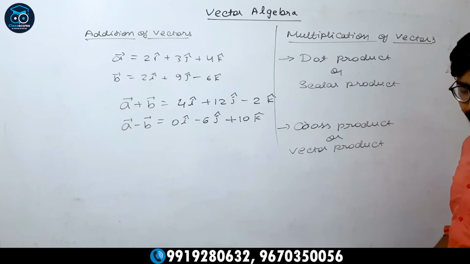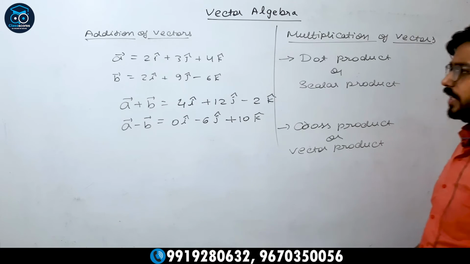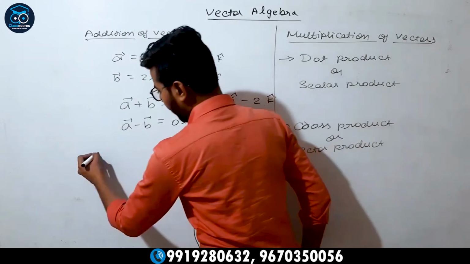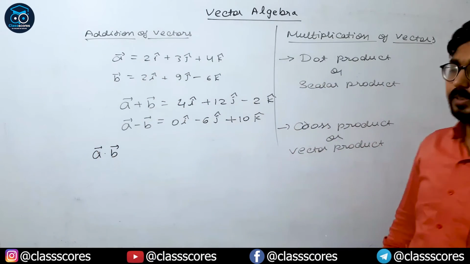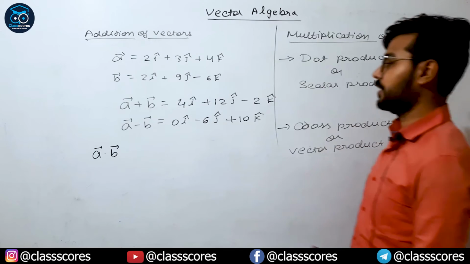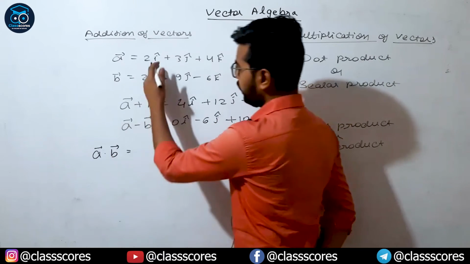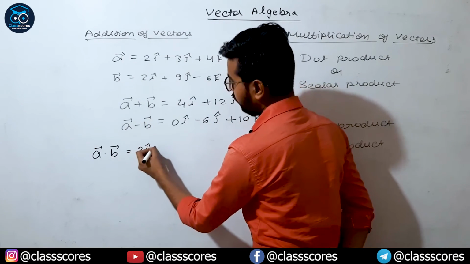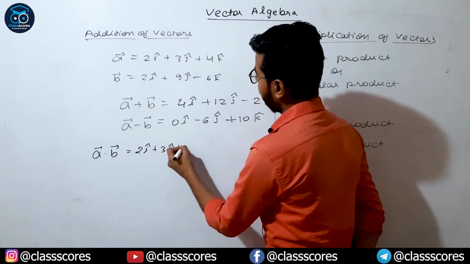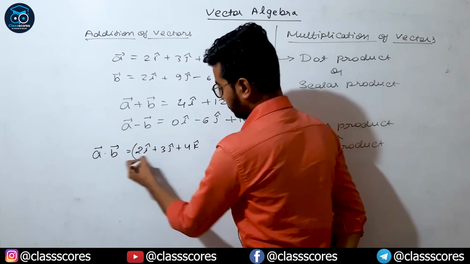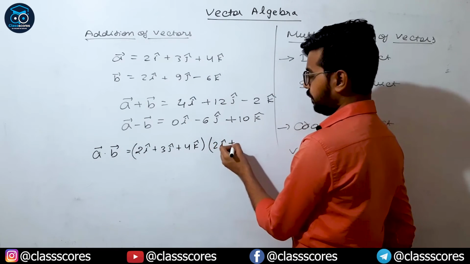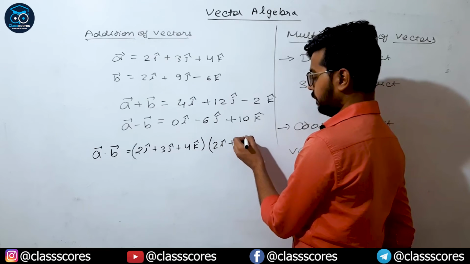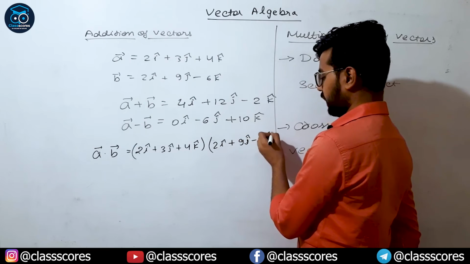If we have two vectors a and b and need to find a vector dot b vector, it will be represented by a vector dot b vector. What we can do is just write the values: 2i cap plus 3j cap plus 4k cap, and 2i cap plus 9j cap minus 6k cap.